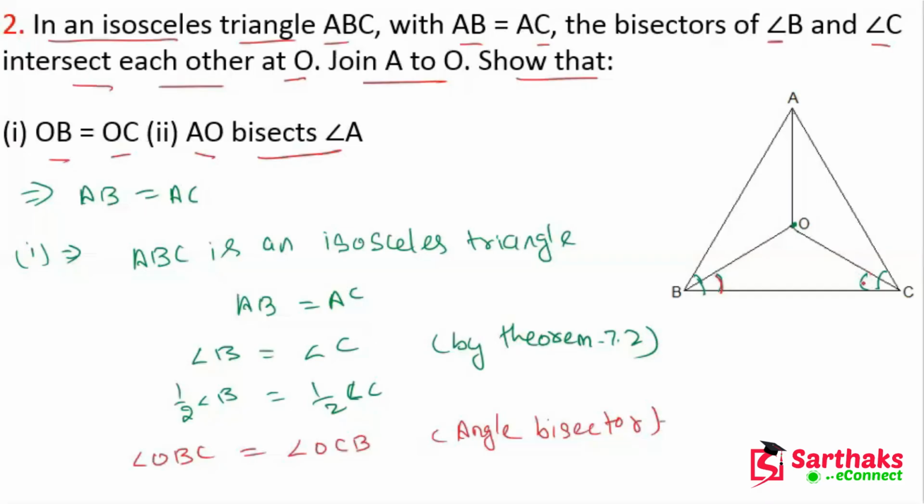These two angles are equal, so we can say OB is equal to OC, because we know that sides opposite to equal angles are equal, by theorem 7.3.